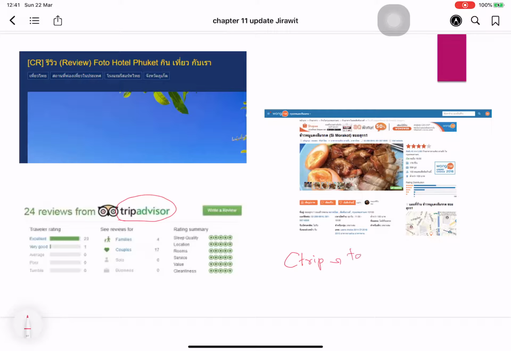When the tourists post and recommend to go to the place. Recommend food, recommend location, recommend about the facility of that place.